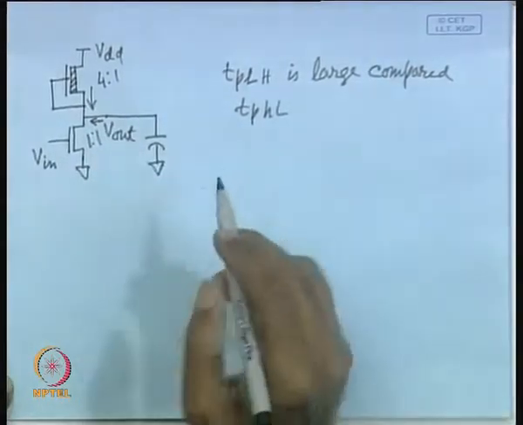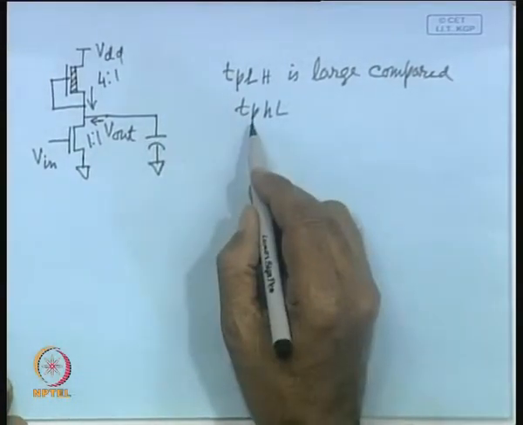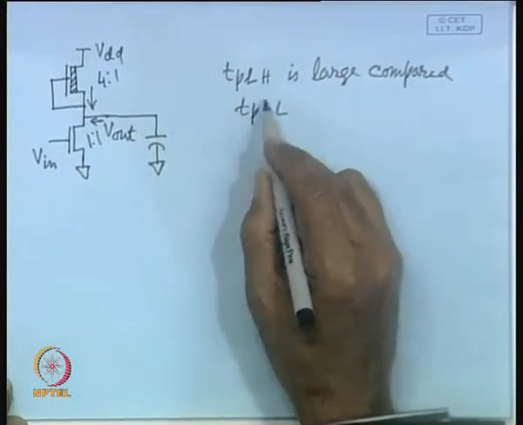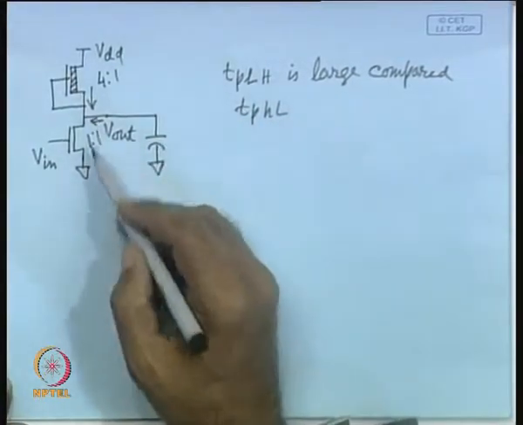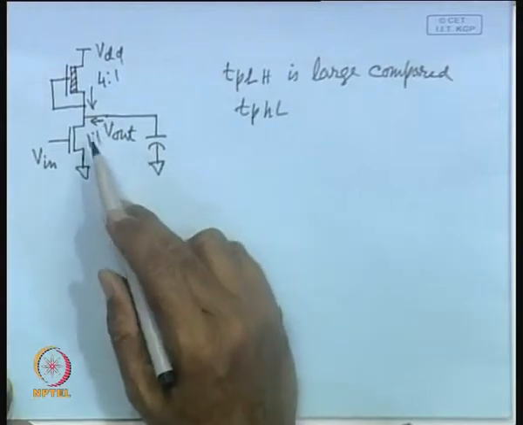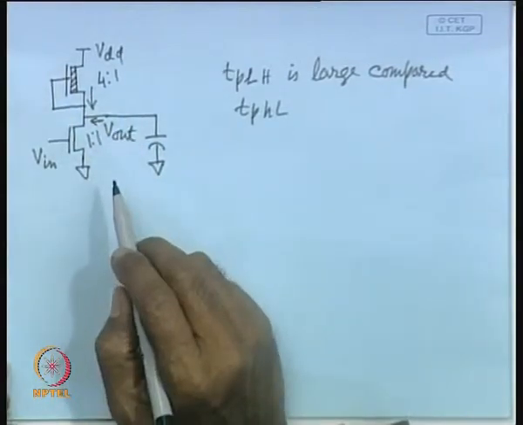And as a consequence, this TP high to low also is affected because of this, and it is also not very small, and as a consequence delay is very large.